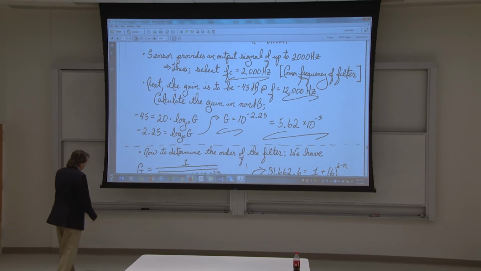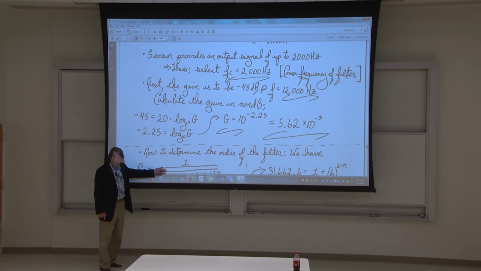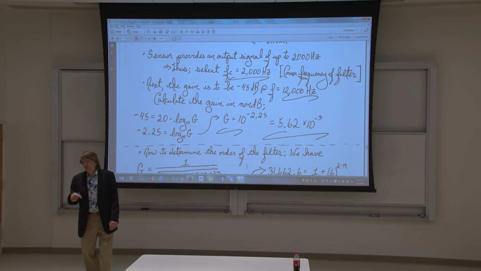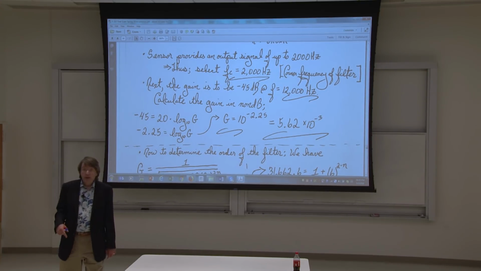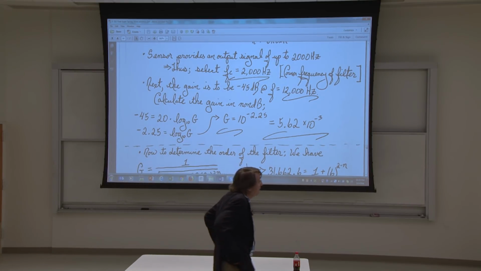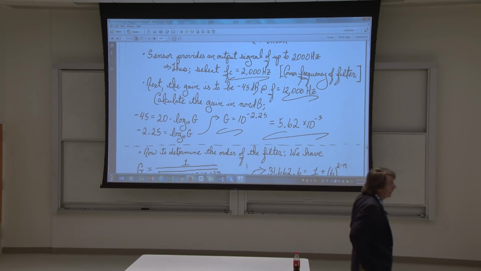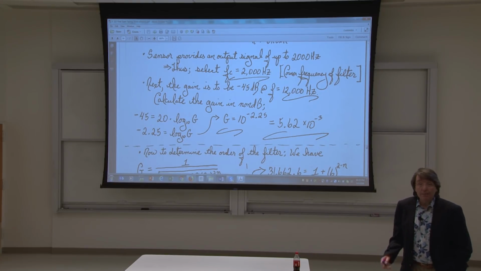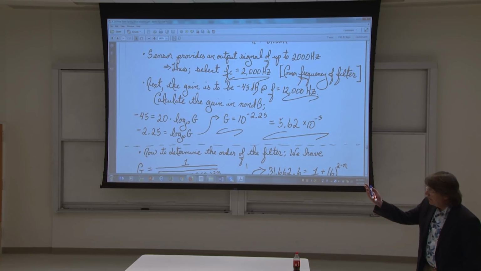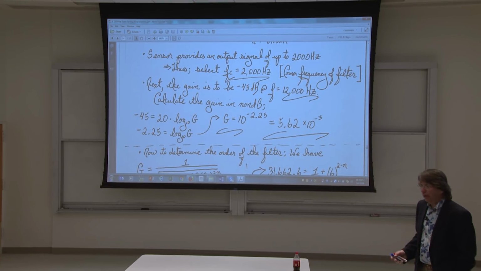Now, to use the formula I'm about to get to, the gain has to be in non-dB. So to use the formula for the Butterworth filter, I need non-dB. So the gain is minus 45, and the formula for converting to a gain in non-dB is given in the formula sheet and also here.